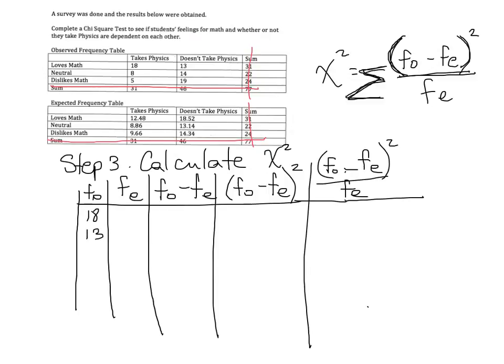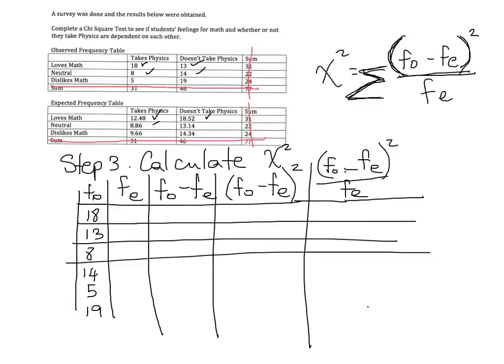Now it doesn't matter what order I list these values as long as I am consistent. So because I chose to start right here and go over here, then over here, I have to do the same thing down here. I have to start here, go over here, and so on. All right, so now we have all our FO values listed. Let me line it up so we don't get confused.